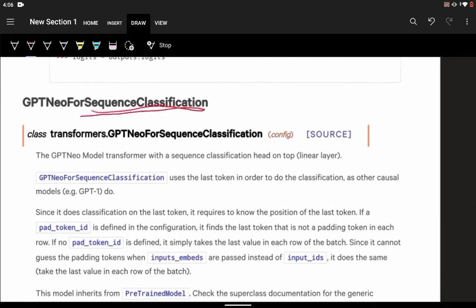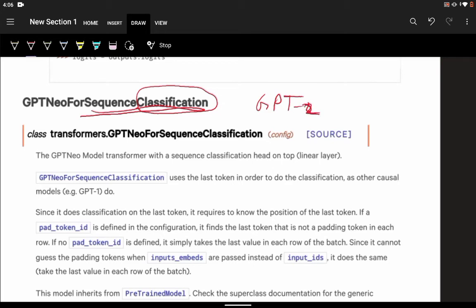Sequence classification. So sequence classification, you must be knowing, this is a bit of a different thing. The GPT-Neo can also be used for classification, whereas it is based on GPT-2, which is used for text generation, right? So this is very close to GPT-3.